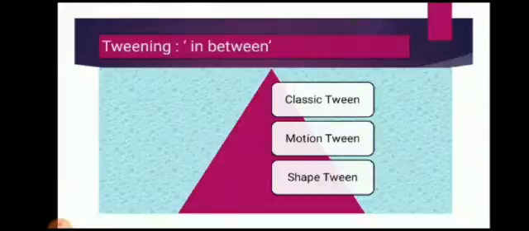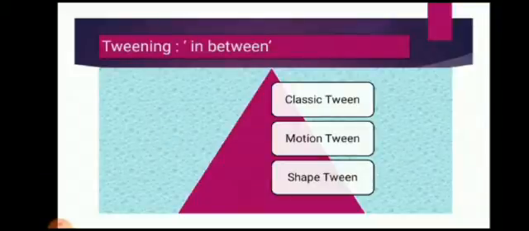So Animate provides three types of tween animation, that is classic tween, motion tween and shape tween. Each tween creates a different effect. A classic tween is used when making an object fade in and out or move across the scene. Motion tween is nothing but tweening the symbol's movement from one position to another.